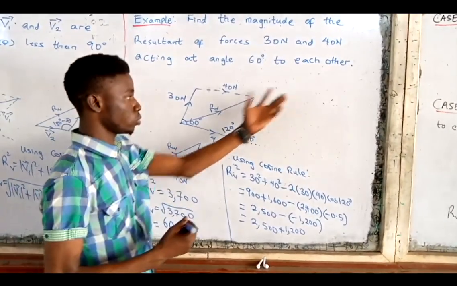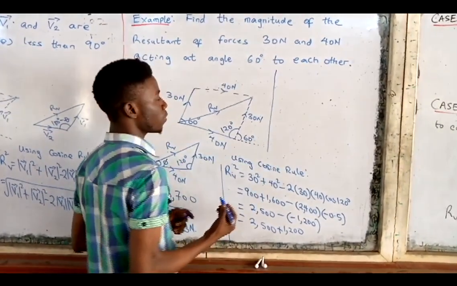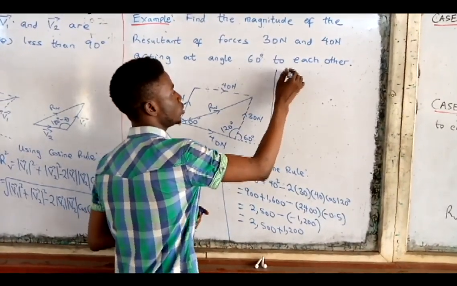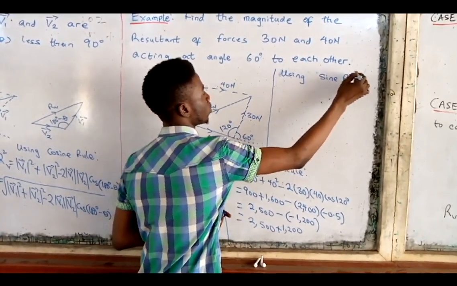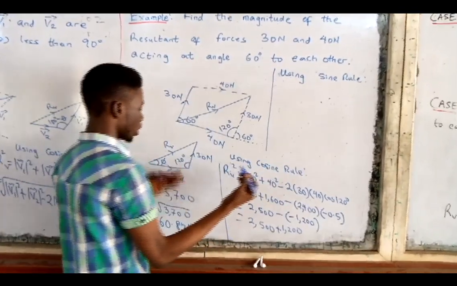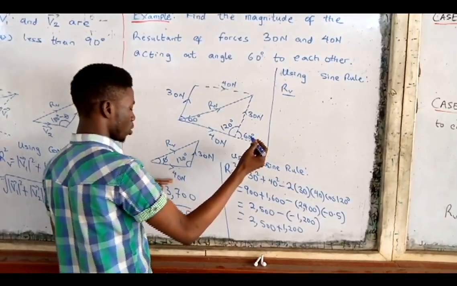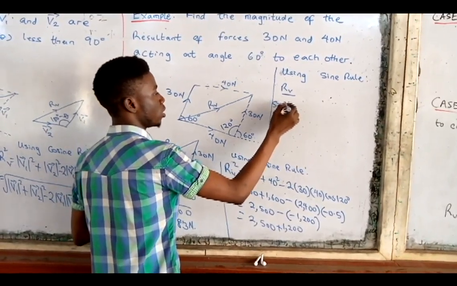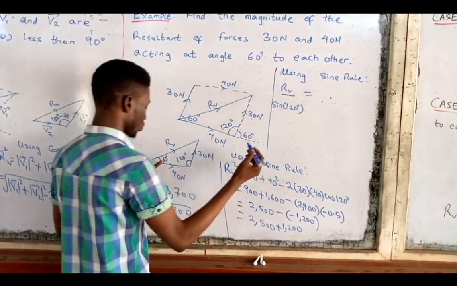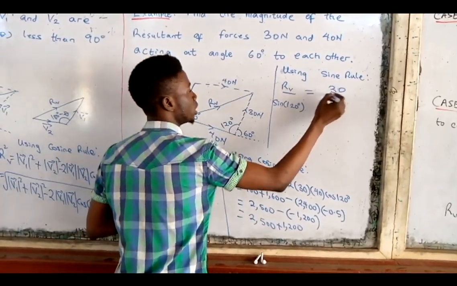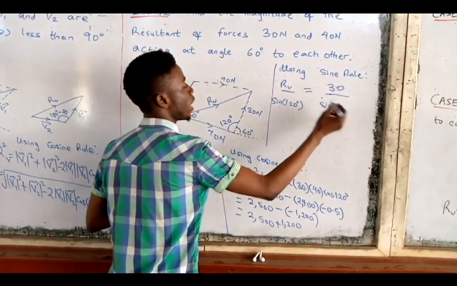Now, permit me to use this side of the board. So remember, using sine rule, this implies that the resultant force over the sine of the angle will be equal to 30 Newton over sine of phi.